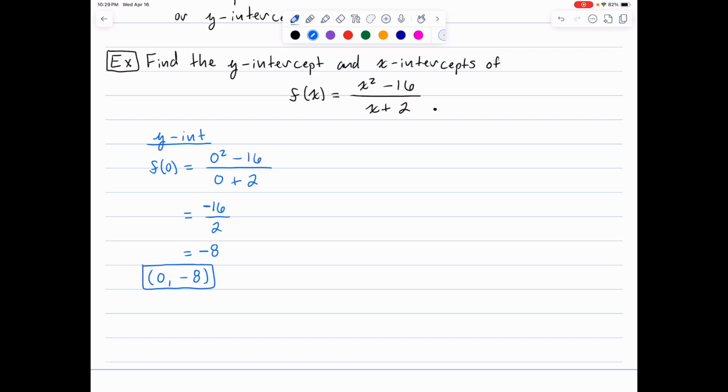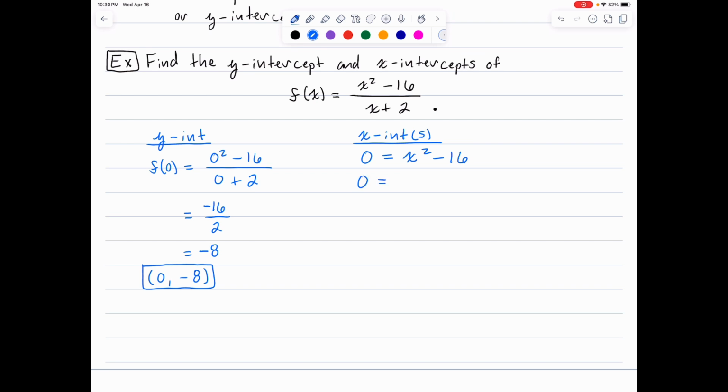Next, we'll do our x-intercept. We might have more than one. X-intercepts. So we take our numerator and we set it equal to 0. So I have 0 equals x squared minus 16. This looks like a difference of 2 squares.